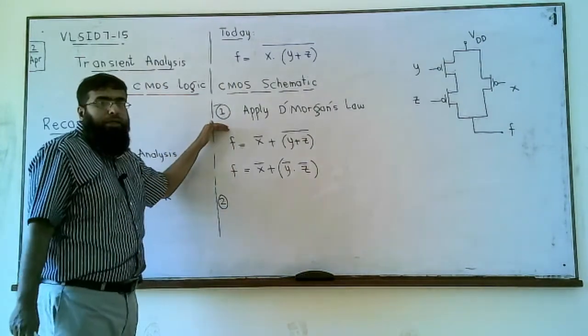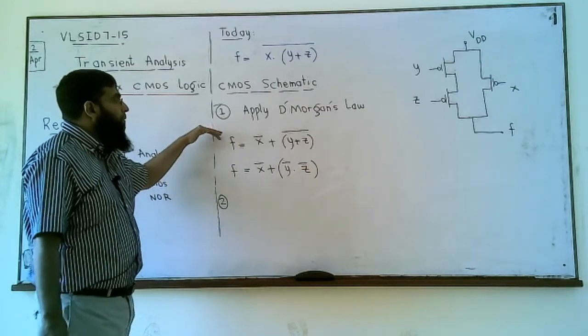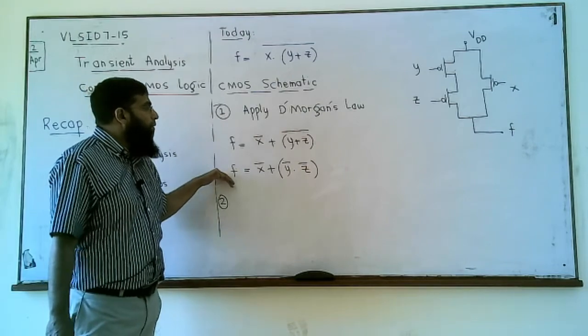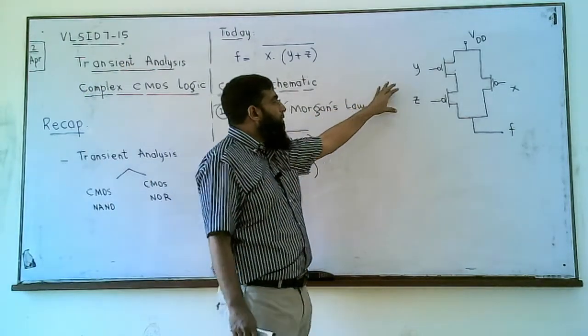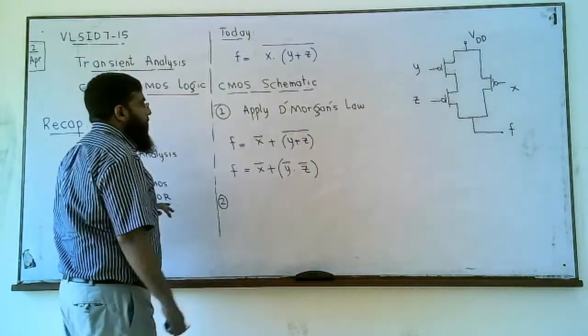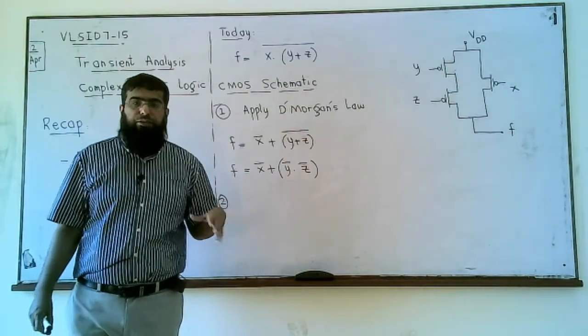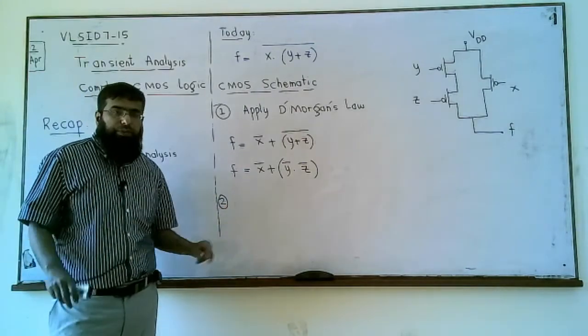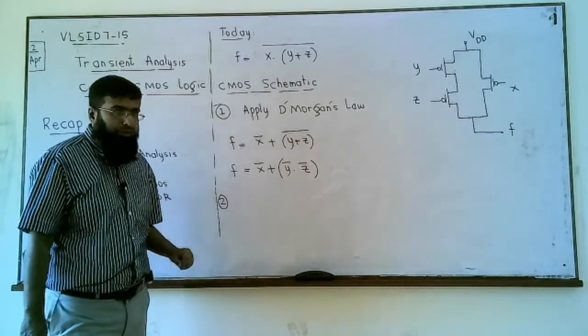In our earlier lectures, we learned how to apply De Morgan's law to draw the PMOS array, and then to invert the expression to draw the NMOS array for any given Boolean expression in order to implement its schematic.